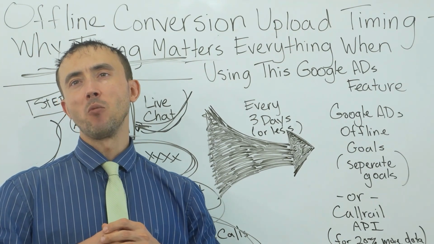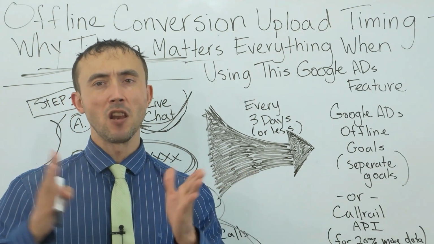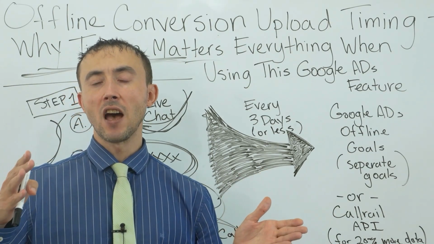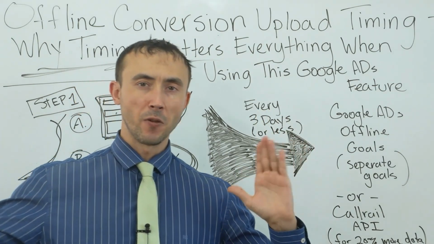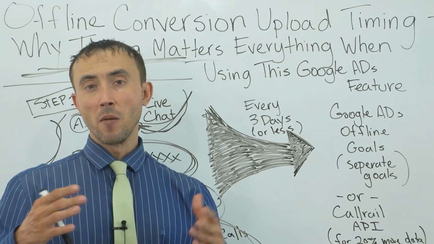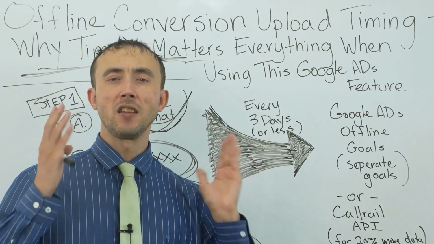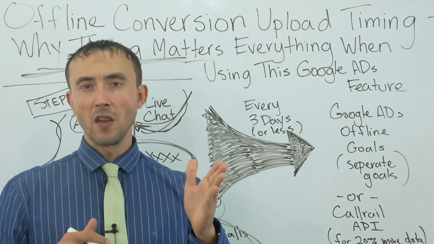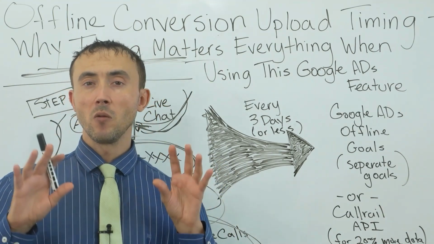Now, you may say, if I upload once a month, can it adjust as well, if I did it on the same day each month? Yes, it can. It'd be better than uploading that data once a month on whatever random day, after 32 days, 27 days, and all that. But where the magic really happens is when you upload 2 times a week at the same time, as long as it's sometime on Tuesday and sometime on Friday, if you pick those 2 days, and you do it religiously.